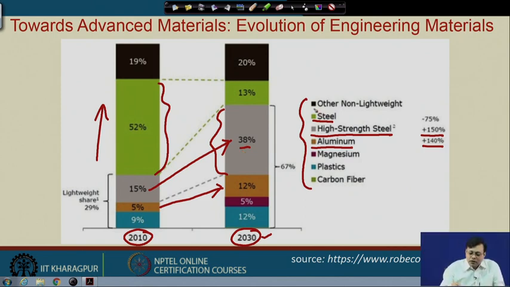At the same time, non lightweight alloys will not change too much here. Let us say something like nickel alloys, titanium alloys may be there, and some part where the carbon fiber is very little, you can see here.